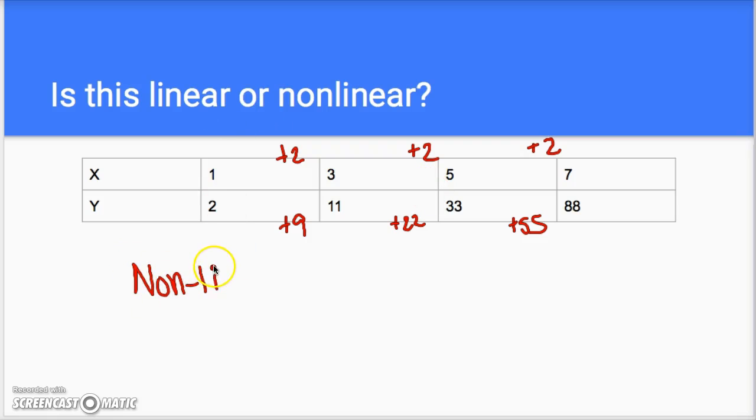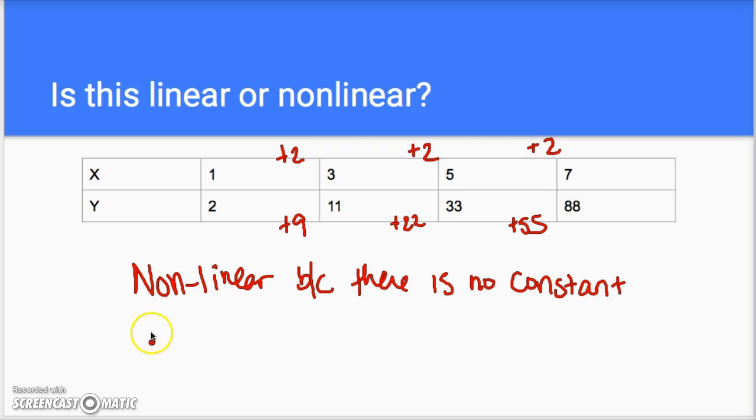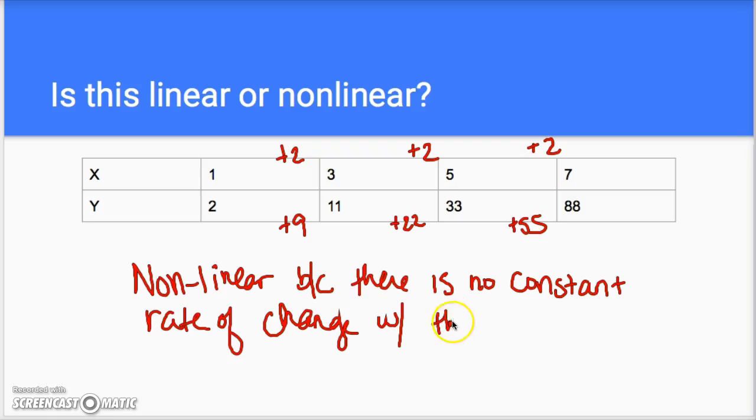So we would say this is nonlinear because there is no constant rate of change with the Y values. Okay, so that's looking at it from a table perspective. You're looking for a pattern, what's called a rate of change.